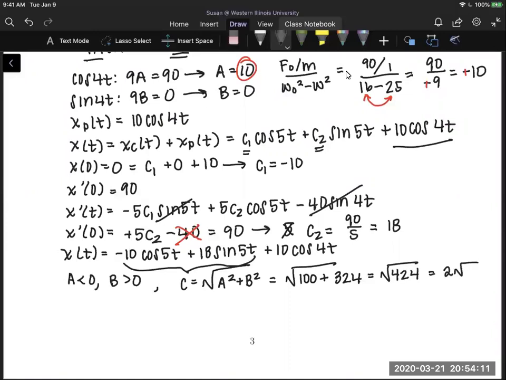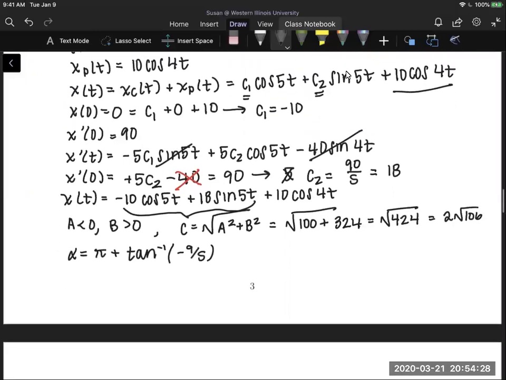So 2 root 106. And then that alpha we said was pi plus tangent inverse of b over a. So 18 over negative 10 is a negative 9/5. I don't even worry about plugging that in my calculator. I'm just going to leave it as a tangent inverse function. That's an exact answer.